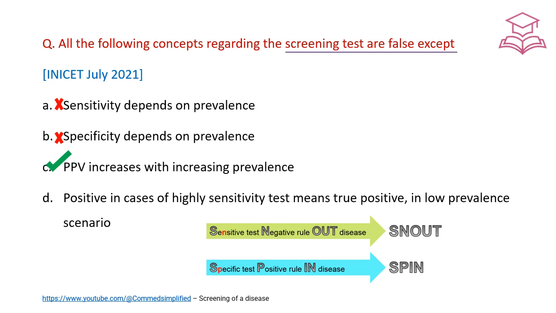Sensitive test negative rules out the disease and specific test positive rules in the disease, which means that if a highly sensitive test is negative, then the disease is absent. But if it is positive, we have to confirm it with a diagnostic test. So the last statement is wrong.